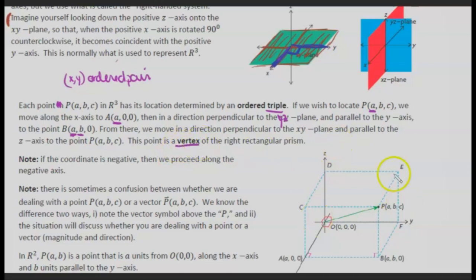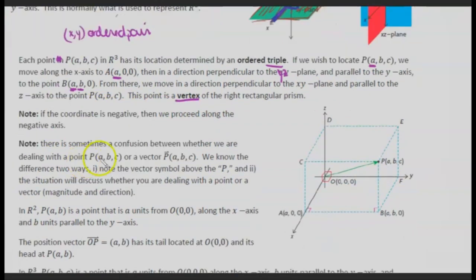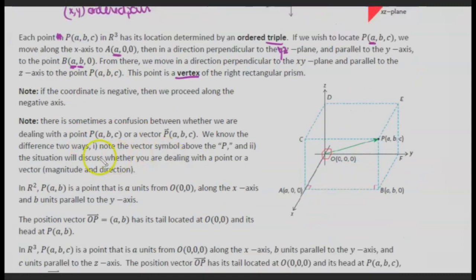I'm going to show you how to draw this. Note, if the coordinate is negative, then we proceed along the negative axis, of course. Another note: there is sometimes confusion between whether we are dealing with a point P (a, b, c) or a vector P with the vector notation on top, (a, b, c). We know the difference two ways.